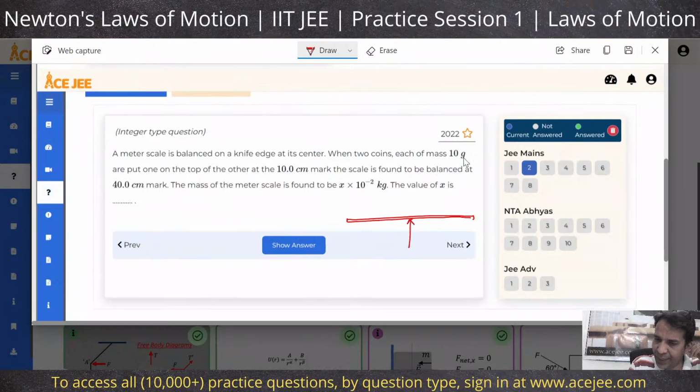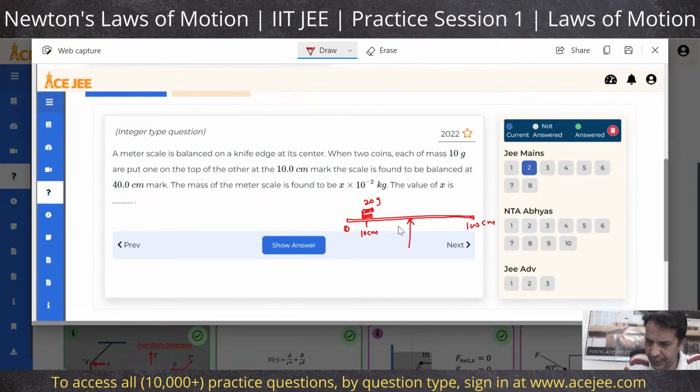When 2 coins each of mass 10 grams are put one on top of the other at the 10 centimeter mark, so let's say starting from 0 to 100 centimeters, at the 10 centimeter mark, right here, so it's 20 grams, the scale is found to be balanced at the 40 centimeter mark.